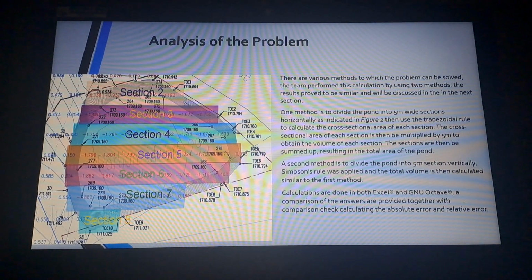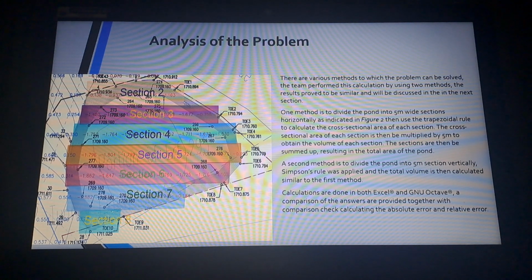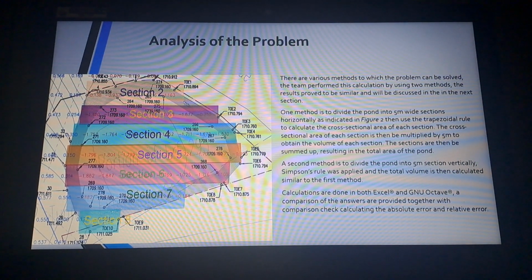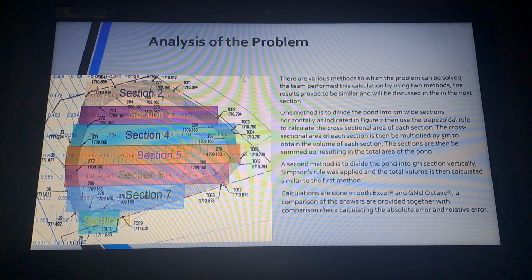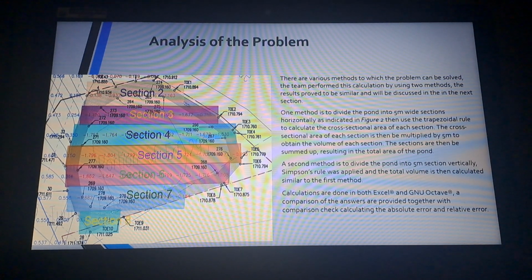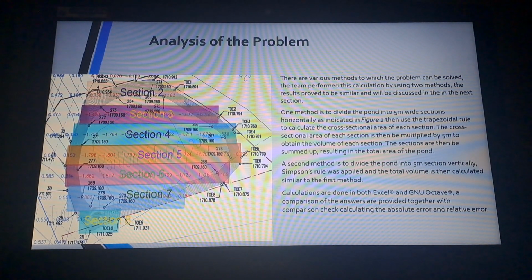Analysis of the problem. There are various methods to which the problem can be solved. The team performed these calculations by using two methods. The results proved to be similar and will be discussed in the next section.